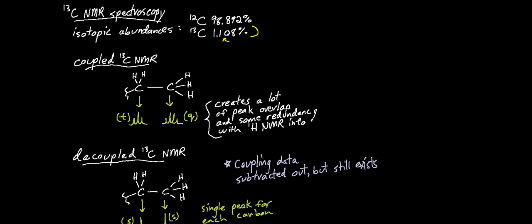Now there is actually coupling between carbons and their attached protons and carbons and neighboring protons, but as far as what you would see in a coupled carbon-13 NMR spectrum, you would see the multiplicity, say, of this carbon right here as being a signal split 2 additional times by its attached protons, resulting in a triplet.